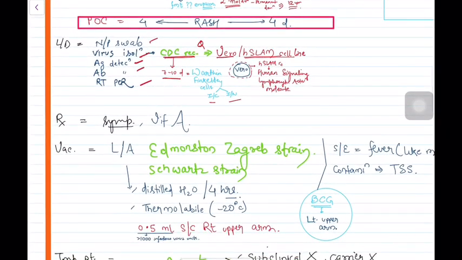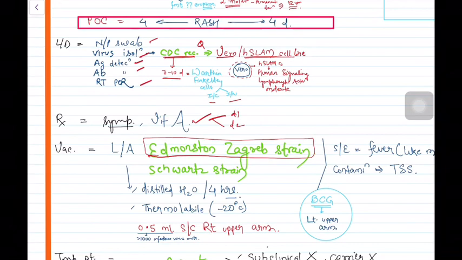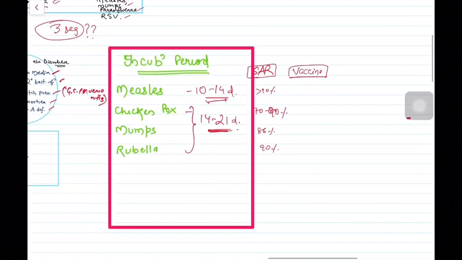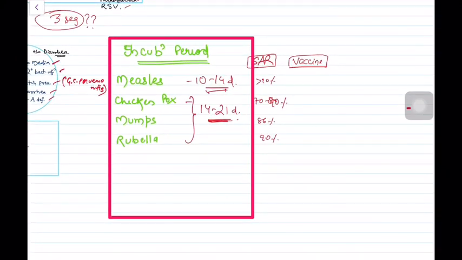Then treatment, nothing as such, symptomatic, and because it can lead to vitamin A deficiency, you will give vitamin A. It is given on day 1 and day 2. Then vaccine. Now this is very important because the vaccine is live attenuated Edmonston Zagreb strain, and you need to know this name. Let us write it here, and when we do measles, mumps, and rubella, we will write their vaccine here as well, so that you can easily compare the incubation period, the secondary attack rate, and the vaccine.